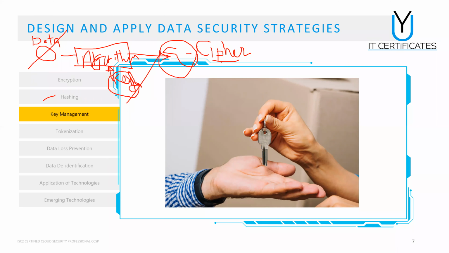When you have to generate the key, you have to back up the key, you have to recover the key, because the key may be lost. Suppose that I have my notebook, and my key is stored on the notebook, but for some reason the motherboard is burned. Then what can I do?